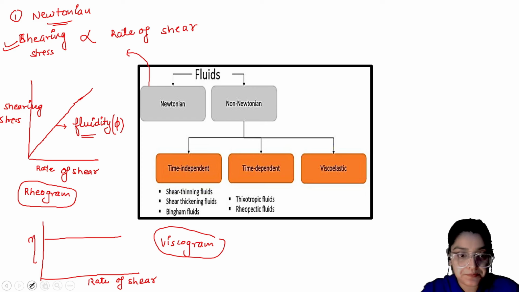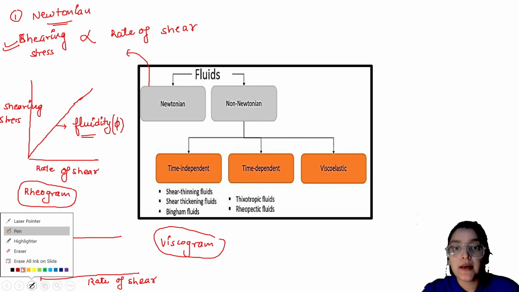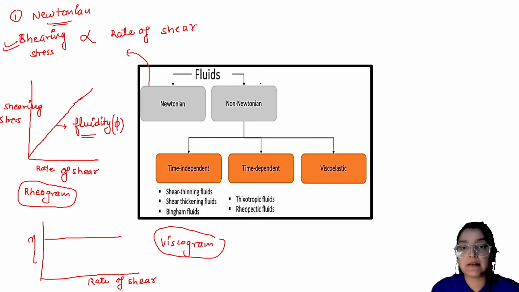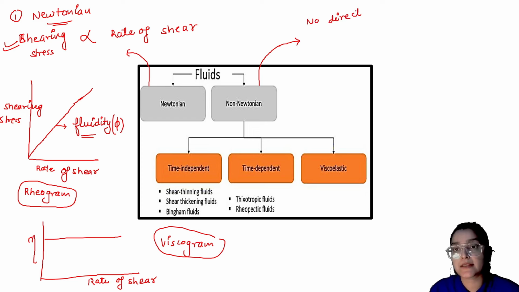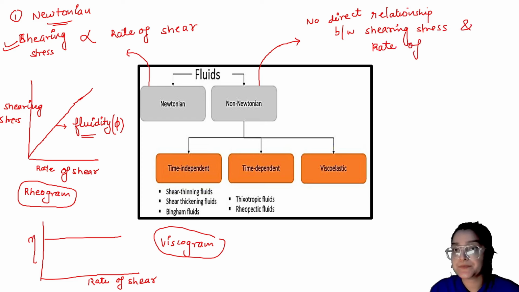Okay students, now let's move on to the non-Newtonian part. As I have mentioned, there is no direct relationship in this case between the shearing stress and the rate of shear.